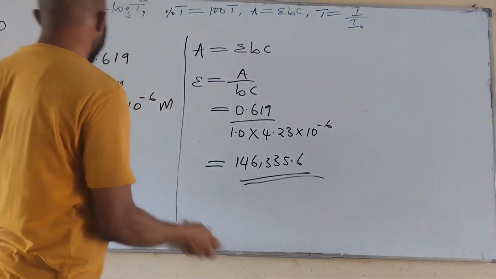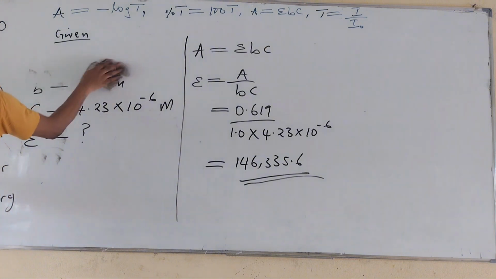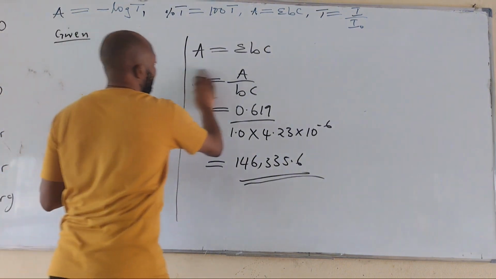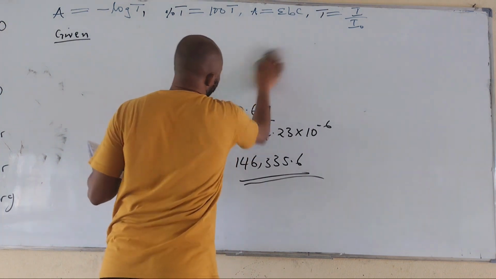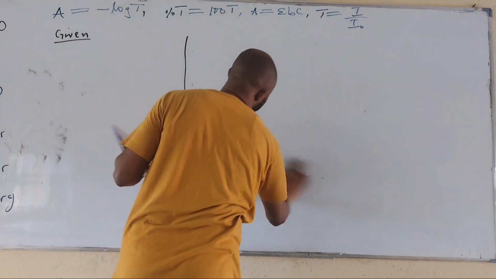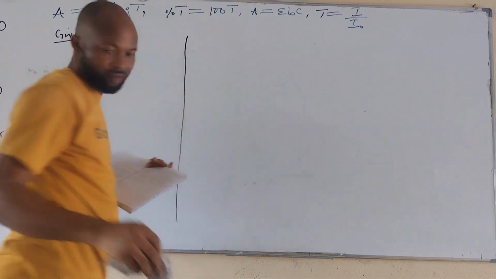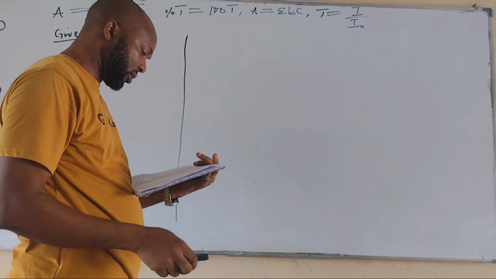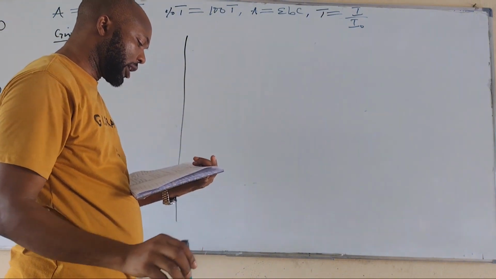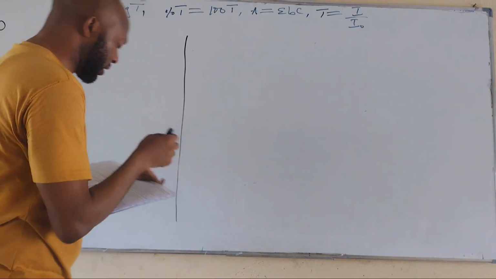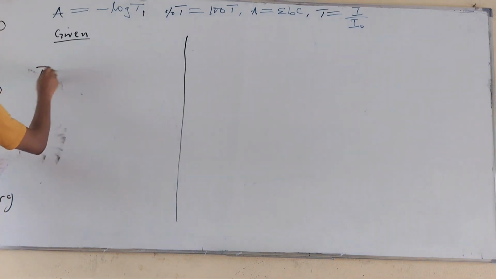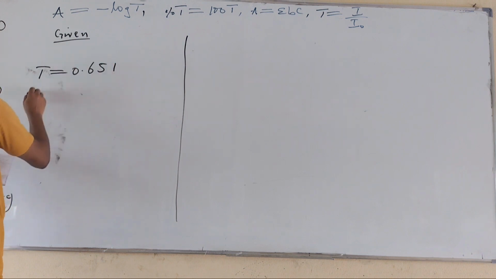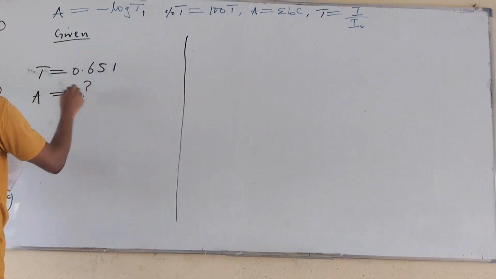Let's clean the board. If T is equal to 0.651, what is A? The absorbance.